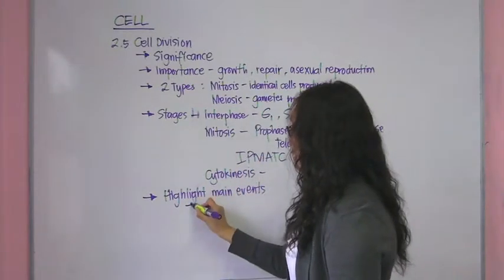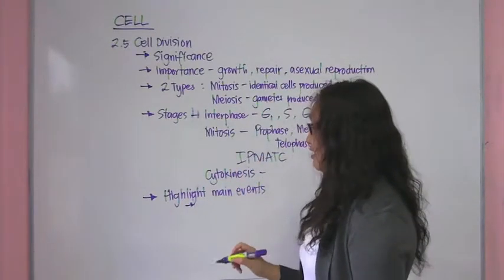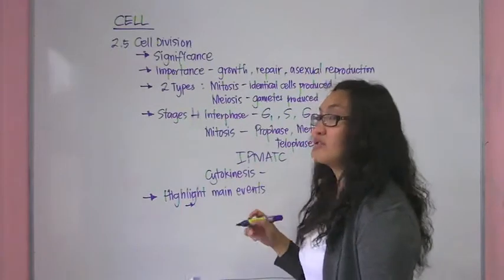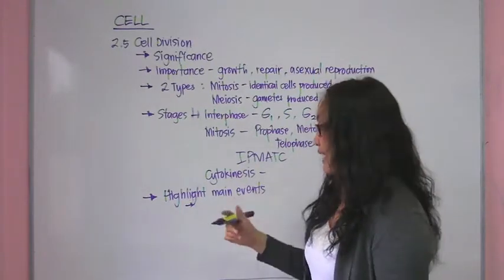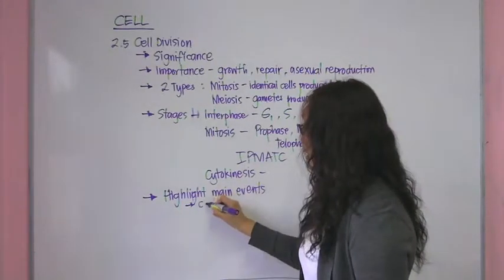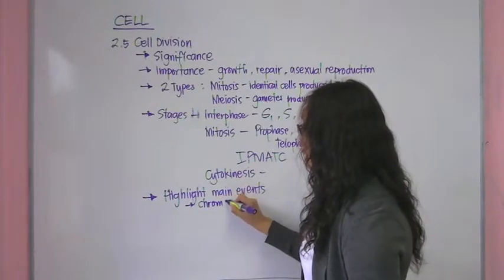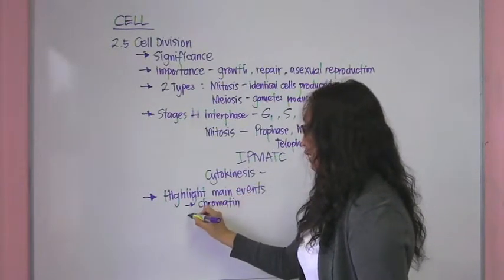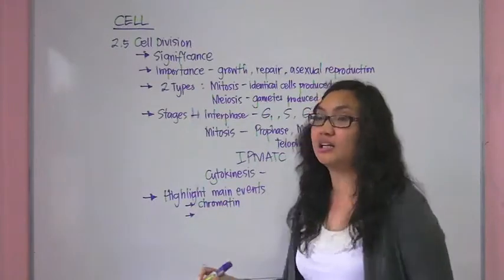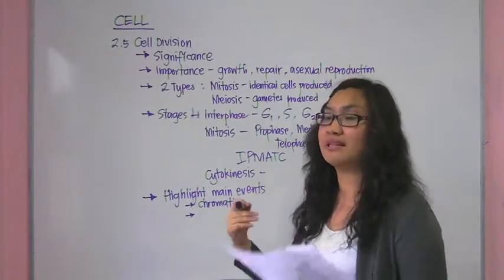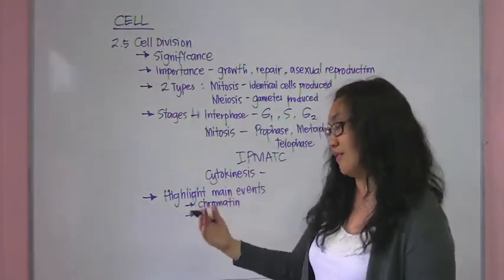First, the students have to pay attention to what is occurring on the genetic material, or the chromatin. Is the chromatin going to coil up? Is it going to separate in a specific stage?